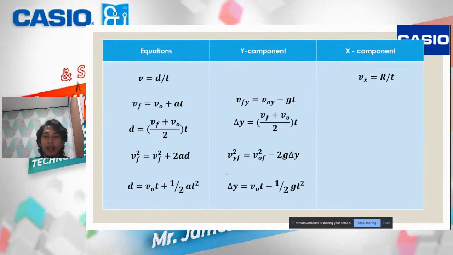On the other hand, ito naman, since meron tayong influence ng gravity, ang ating acceleration this time is equal to g. And then the values of our velocity and our height or our distance is along y-axis.